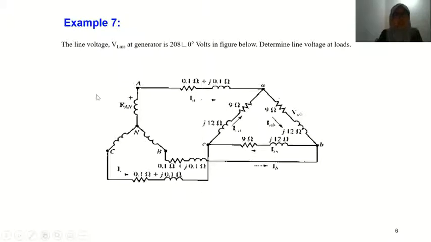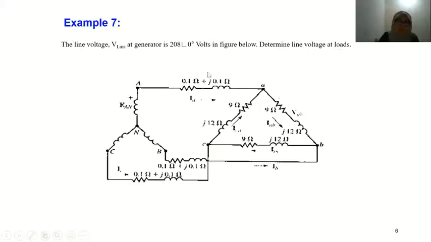This is example 7. You can see here the star to delta connection. The V line at the generator is 208 at 0 degrees, and determine the line voltages at the loads.